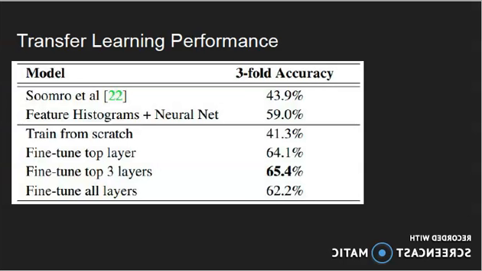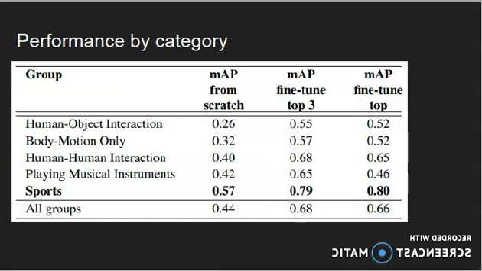The model was fine-tuned and it achieved the best results. It overfitted terribly when trained from scratch. So we can conclude that earlier parameters could be generalized to other datasets. Here we can see other categories of videos also got pretty good performance.